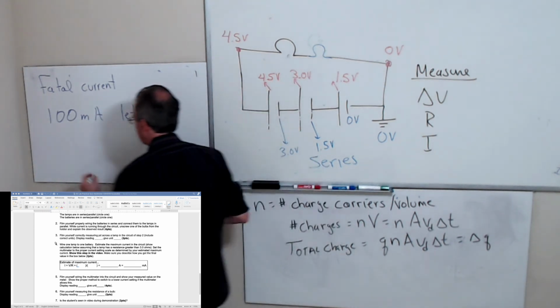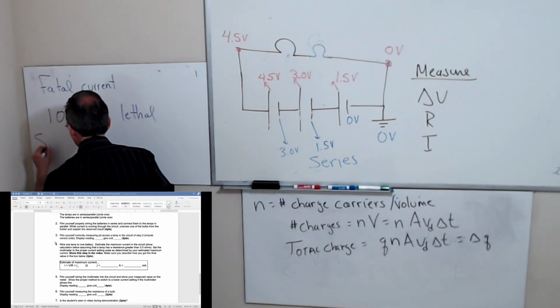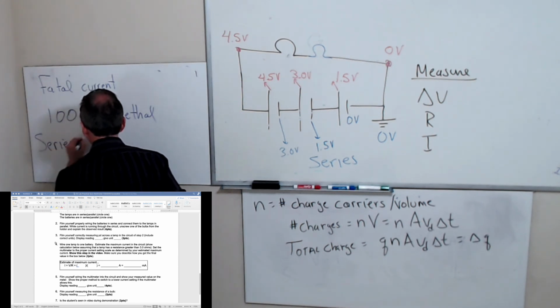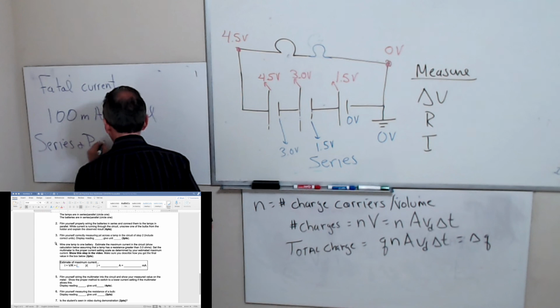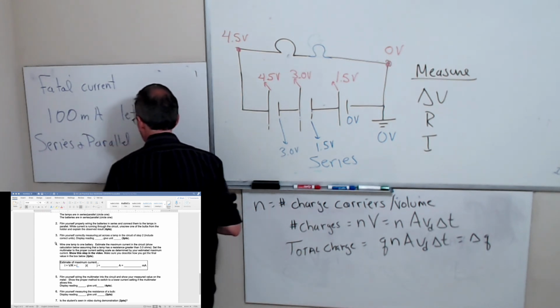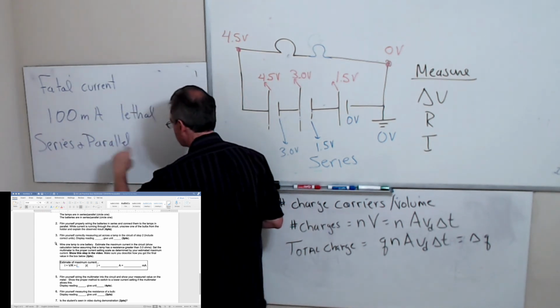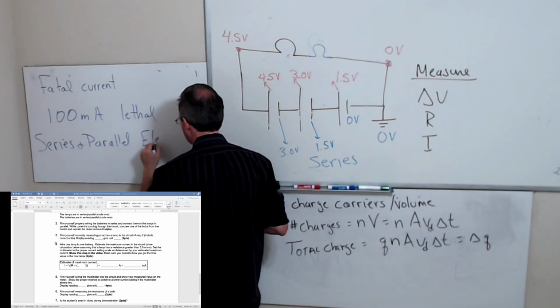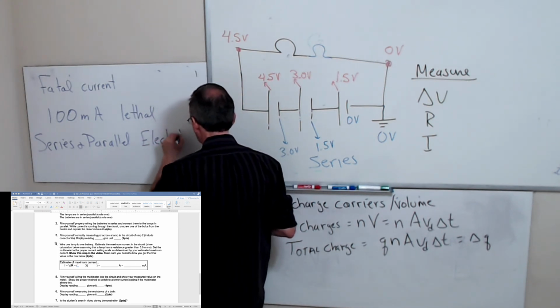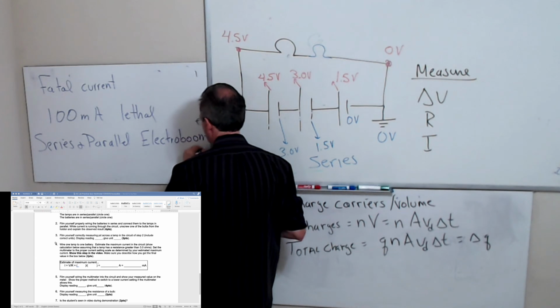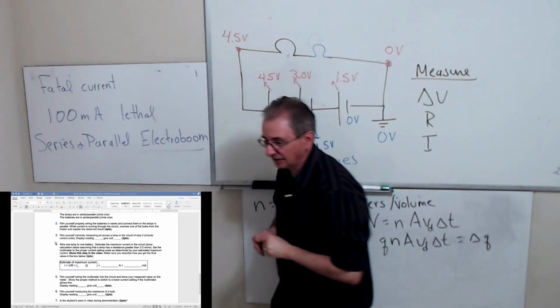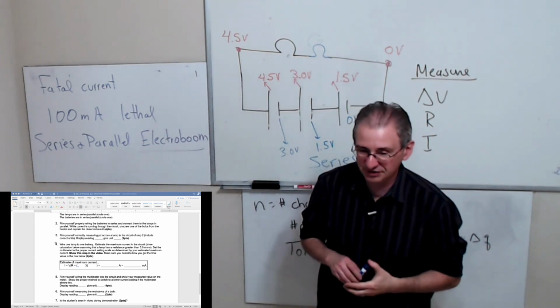Additionally, there's a video called series and parallel. If you search series and parallel, and then this guy called Electro, I like him because he's funny. And I didn't put that in a link in the module because it's not captioned. It's not well captioned.